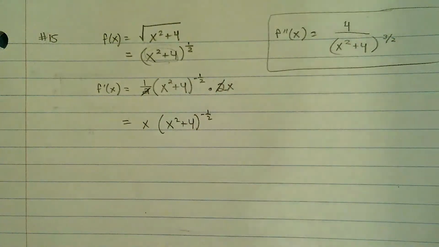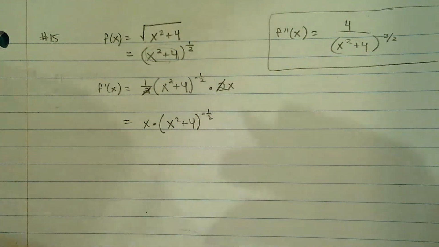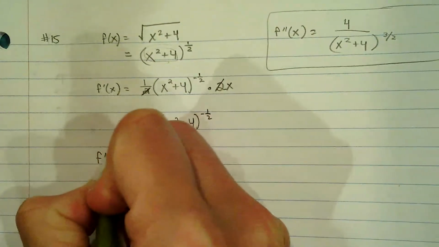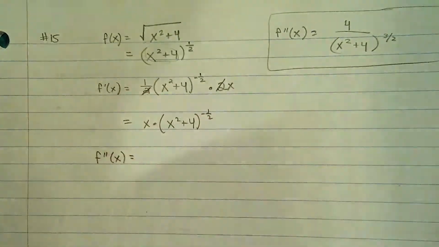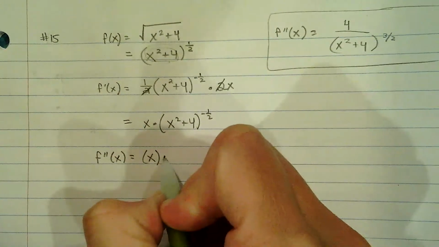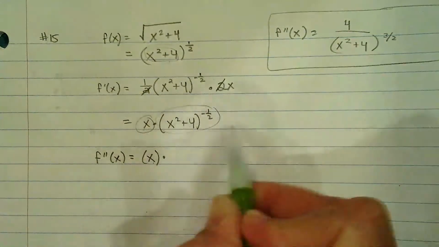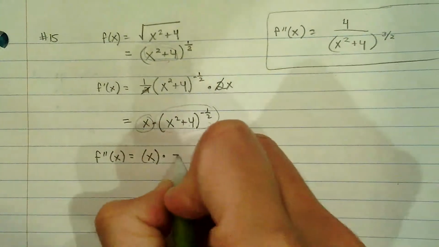So I'm thinking, to get to the second derivative, that I'm going to use a product rule. First times the derivative of the second. The derivative of the second is going to be a power rule first.